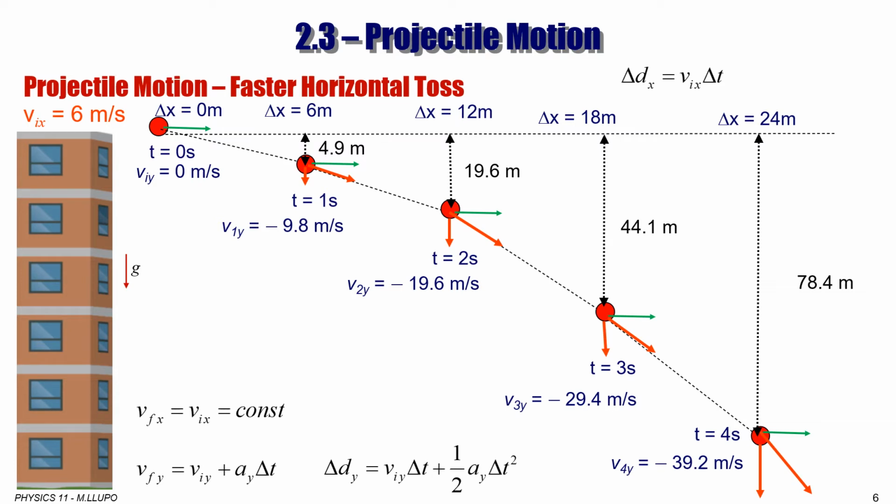So the last one would be after 4 seconds, it's going to be another 9.8 meters per second increase. That will make final velocity after 4 seconds 39.2 and displacement 78.4. Guess what? It is exactly that displacement and velocity, vertical displacement and vertical velocity that we already saw as a free fall or as the projectile motion with 4 meters per second.